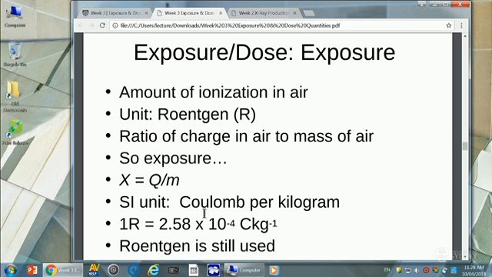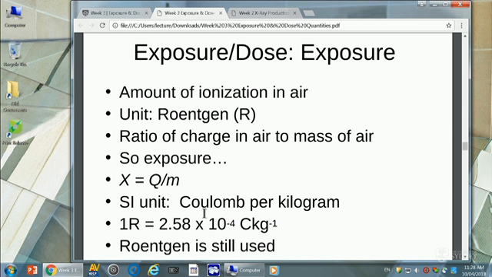Once you do that and then apply a charge here and here, you get a measure of the level of exposure that has taken place. Obviously if you've got lots of exposure, you're going to have lots of ion pairs, so more charge difference between the plates, and that's a measure of your exposure.